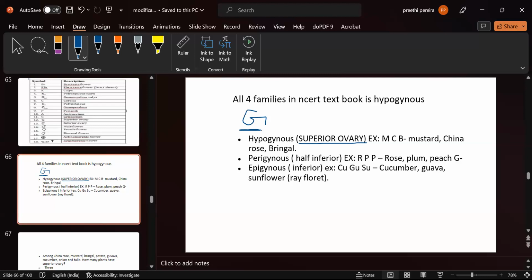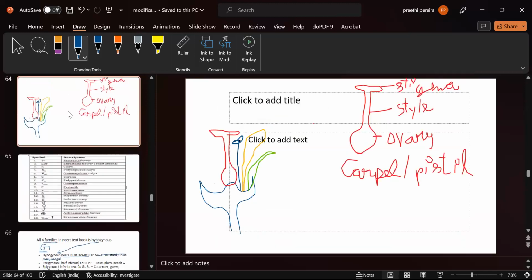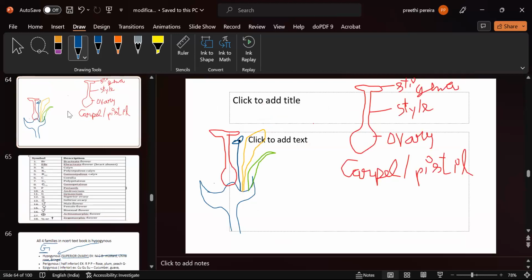No need of writing this example. Brassicaceae, Solanaceae, Liliaceae and Fabaceae are the examples. Did you all understand superior ovary? What is meant by a hypogynous flower?